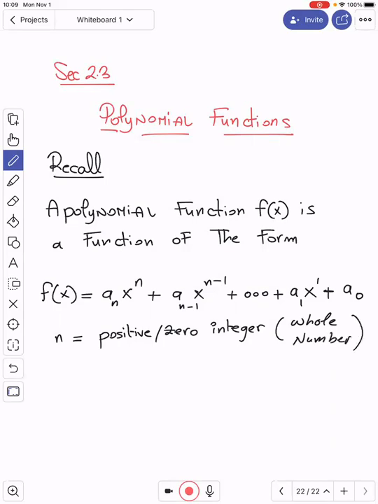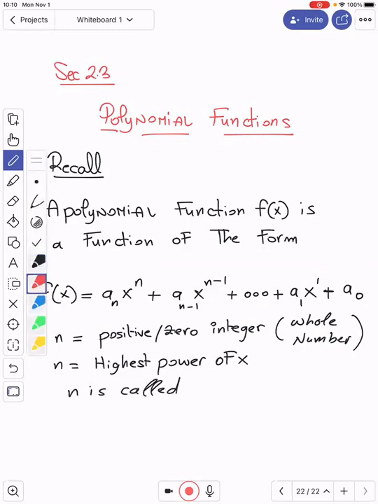And this n is the highest power of x, and it's called the degree of f of x.